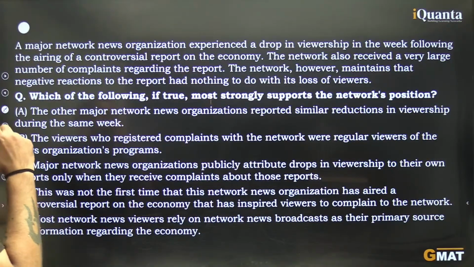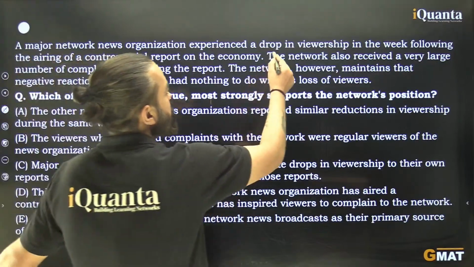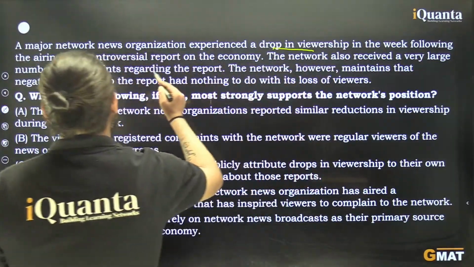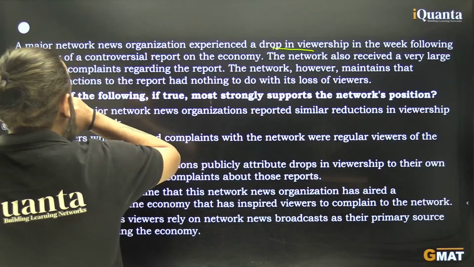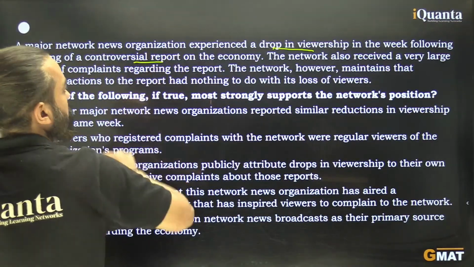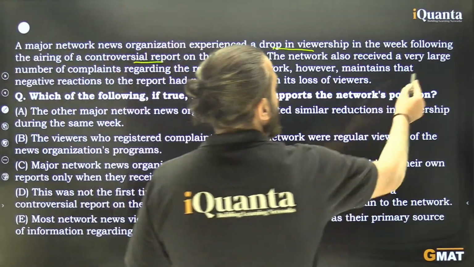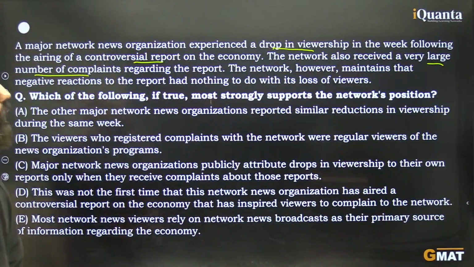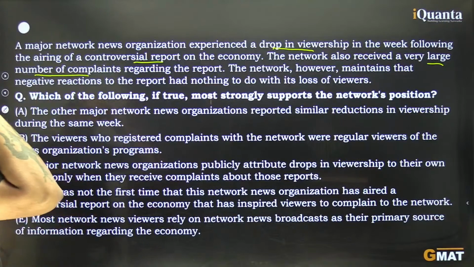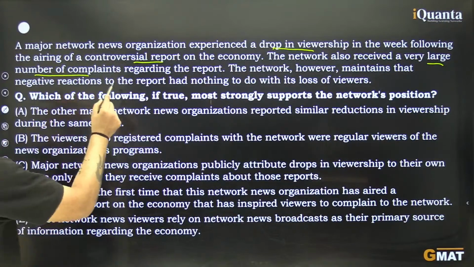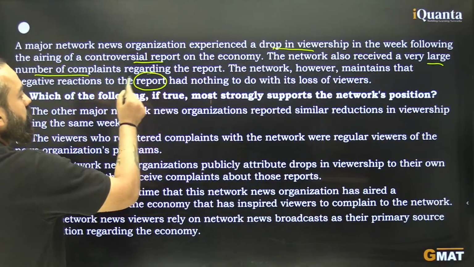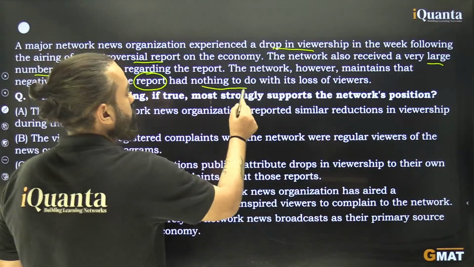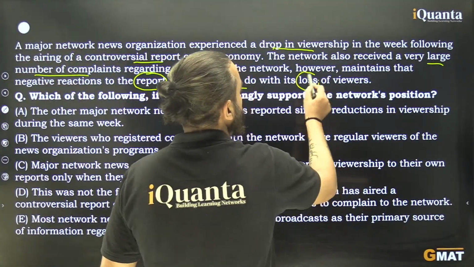So what we're saying is, they experienced a drop in viewership after the controversial report. It received a large number of complaints. The network maintains that negative reactions to the report had nothing to do with the loss of viewers.